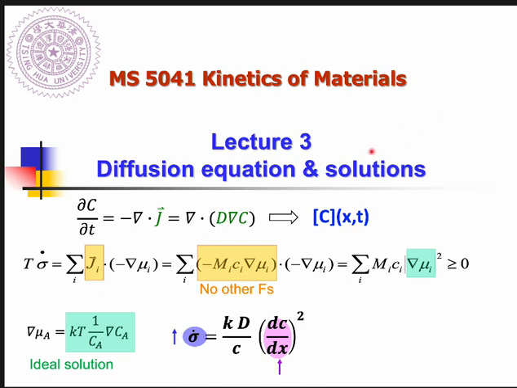As long as we get the diffusion equation and its solution, we know how the concentration of diffusing atoms changes with location and time, and substituting here, we will know sigma dot. This is the whole story of why we need to learn the diffusion equation and its solution: it helps us substitute this term and get sigma dot.